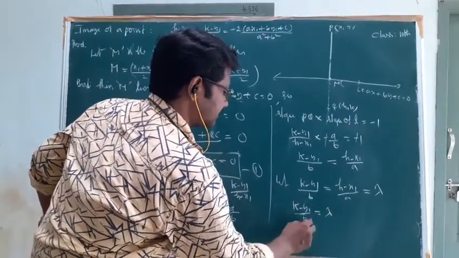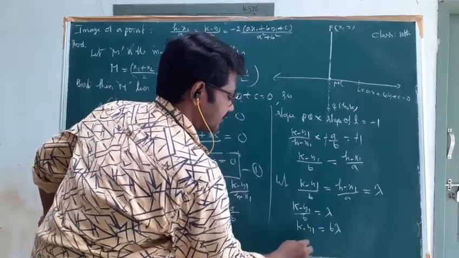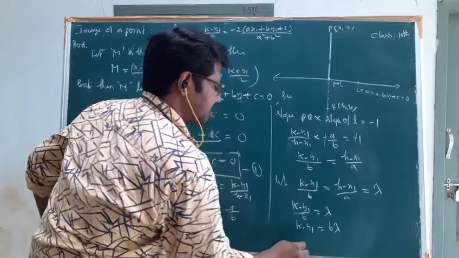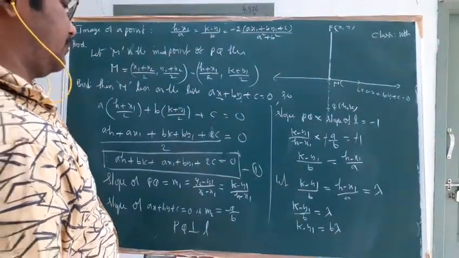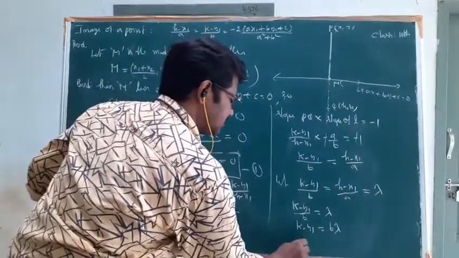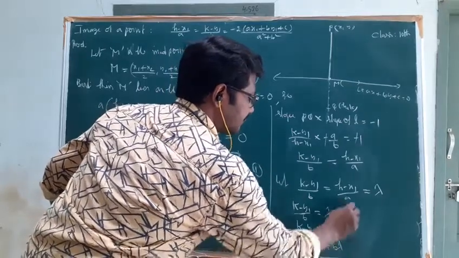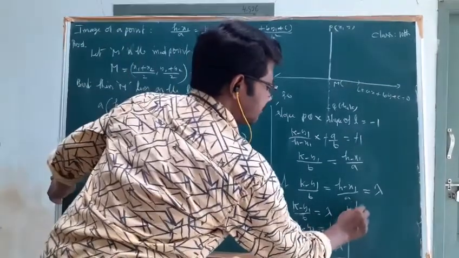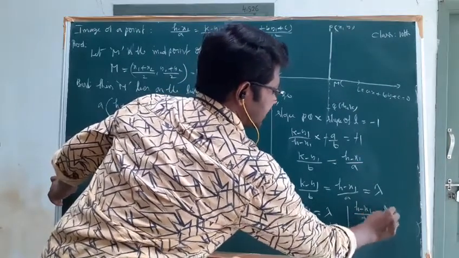From here k minus y1 is equal to b lambda. So take that side, k is equal to y1 plus b lambda.